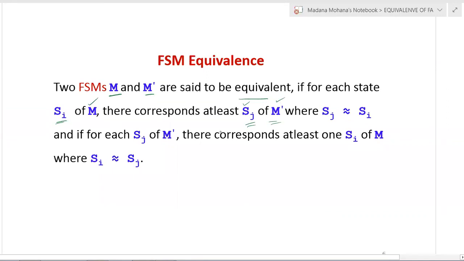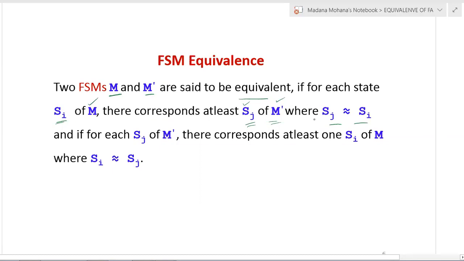Whenever this correspondence exists, we say Sj is equivalent to Si. Sj, the state of machine M dash, is equivalent to the state of machine M.